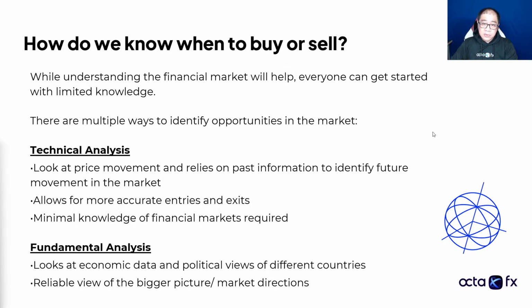You can learn technical analysis quite fast, quite easily. And then we also have the fundamental analysis. This is looking at economic data and political views of different countries, which I'll show you an example after this. This is also a reliable view of the bigger picture or market directions.